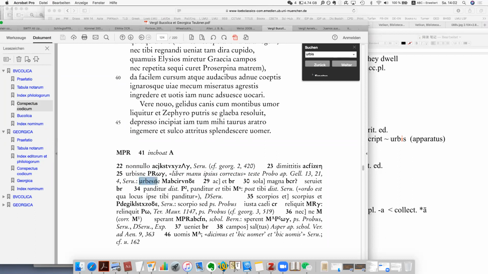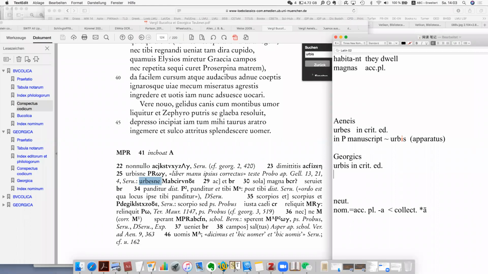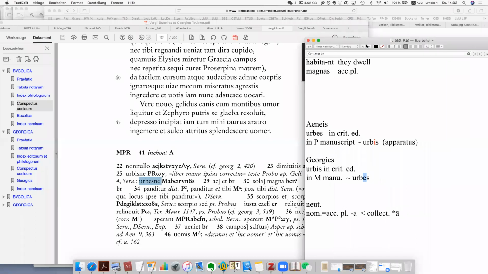But in this manuscript, Urbis ne, these letters are all abbreviations, names of the manuscripts. But in other manuscripts, in the M manuscript, it's Urbis, right?